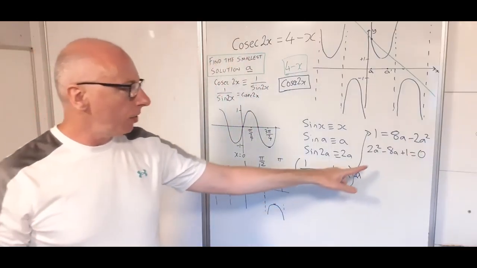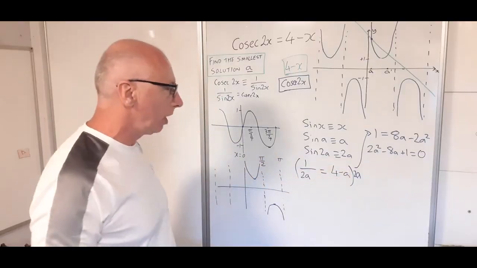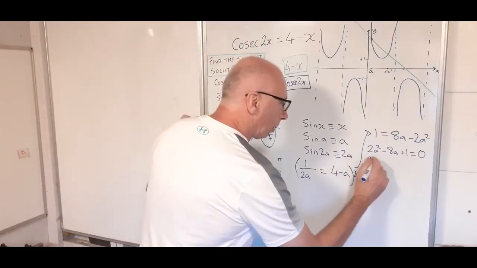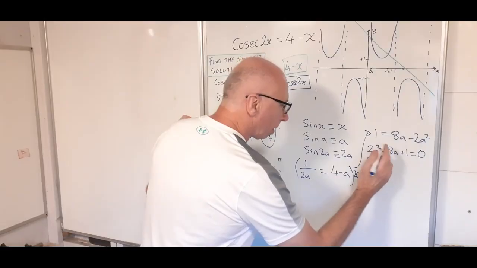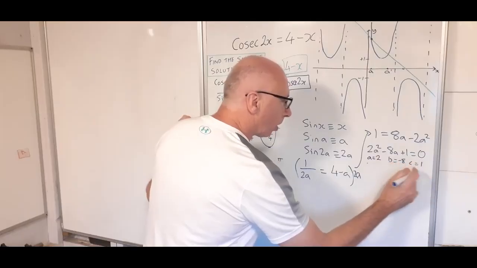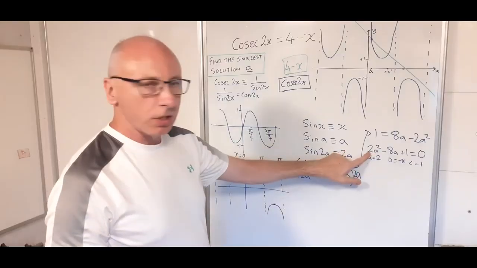Now it doesn't look obvious to me that that factorises, and it's very unlikely, so I'm going to go straight into the quadratic formula. So A equals, well, my A value in the quadratic formula is 2, and then B equals minus 8, C equals 1. So this is not the A in there, that's just my coefficient.